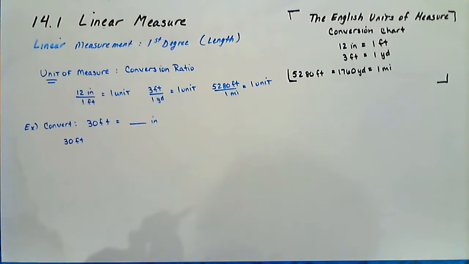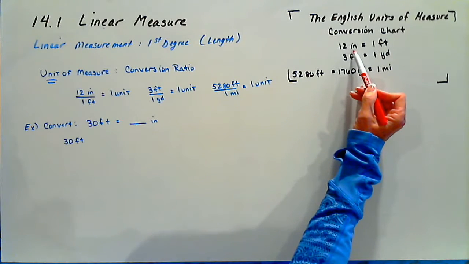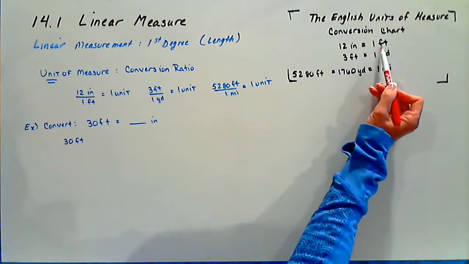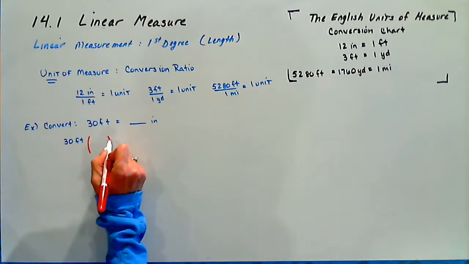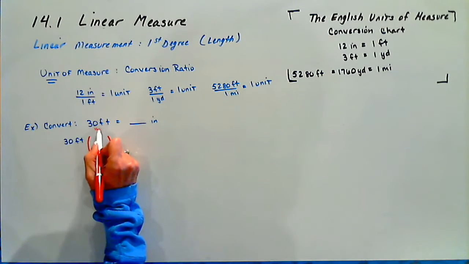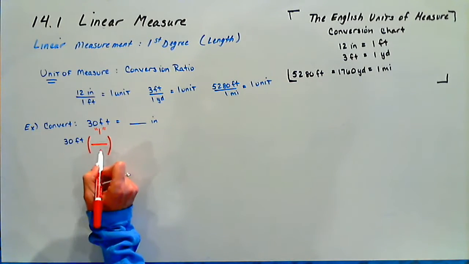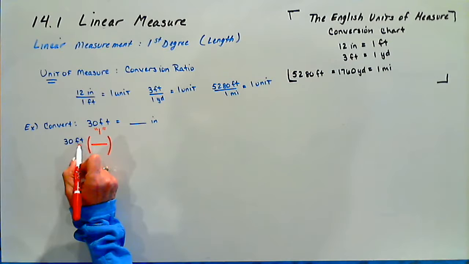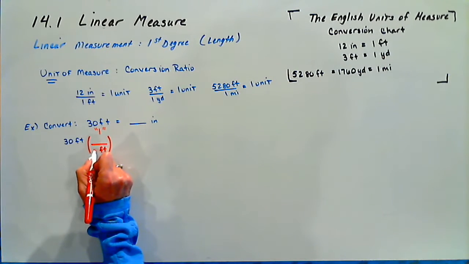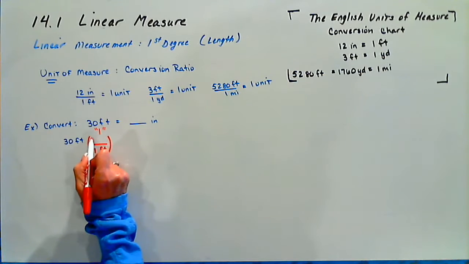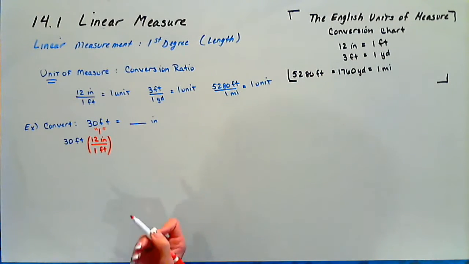I want to convert feet to inches, so I need to use the conversion fact that there are 12 inches for every 1 foot. So I'm simply going to multiply this by the unit 1 unit. Since I want to eliminate feet, and feet is in the numerator here, I'm going to put 1 foot. Since I want it in terms of inches, I'm going to put its equivalent of 12 inches.